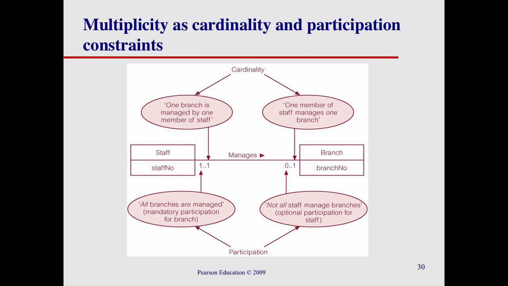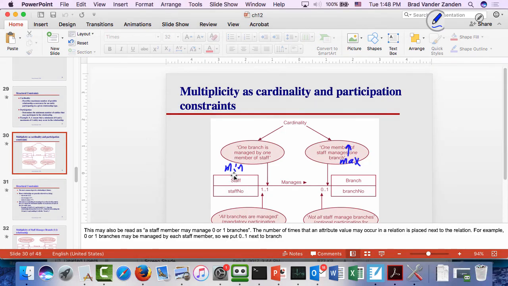So for me to figure out these cardinalities, I would put the dependent thing second in the sentence. So this is the dependent now, and this is what I'm trying to figure out the multiplicity for.